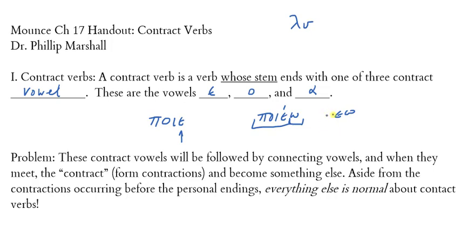Okay? Now, agapao is the lexical form for to love. Agapao. So what is the stem here? Agapa. Okay? And that would be an ao verb.